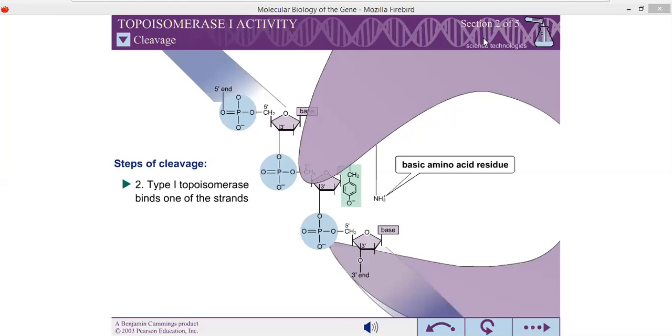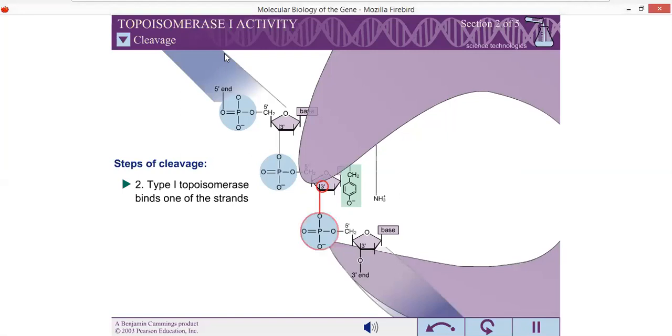Now moving forward, because there is a basic amino acid, it will deprotonate the hydroxy group that is present here, and an oxygen negative ion will be produced. This oxygen negative ion will attack the phosphodiester backbone.